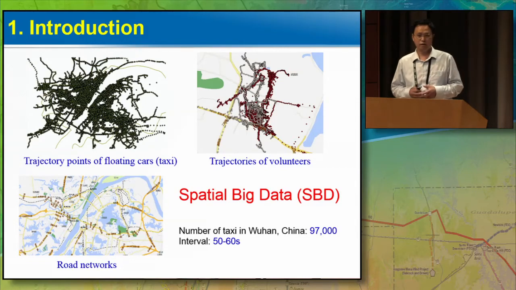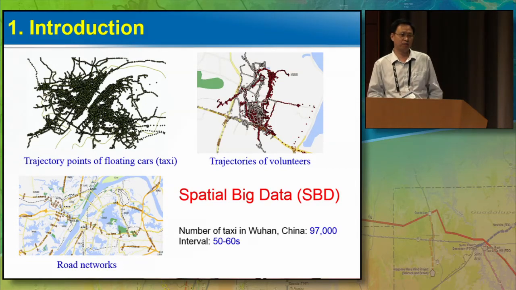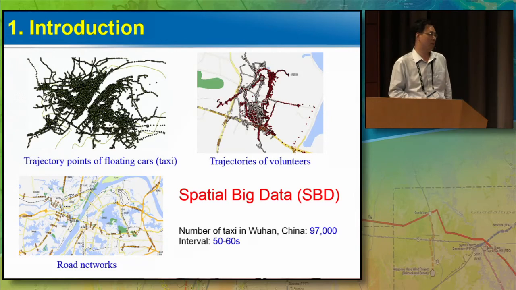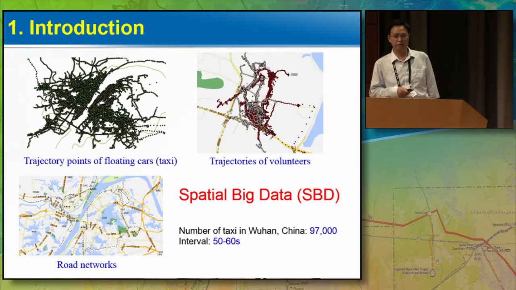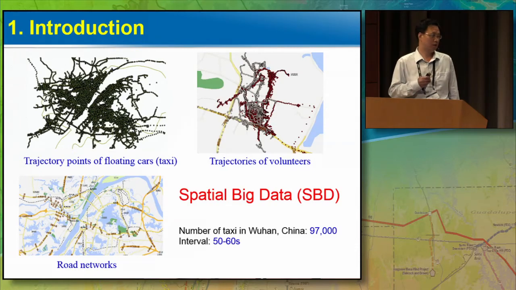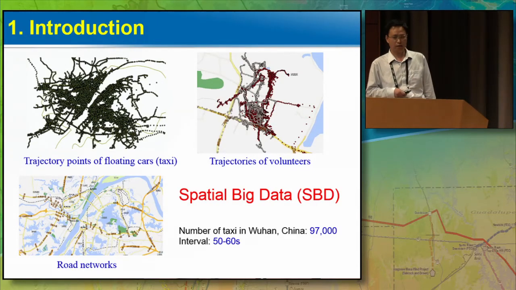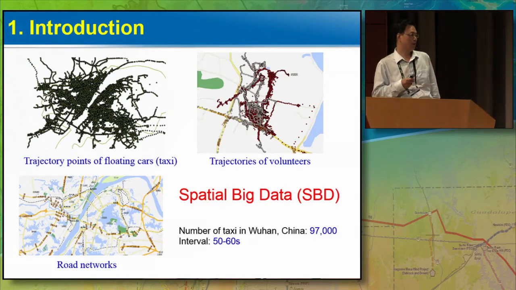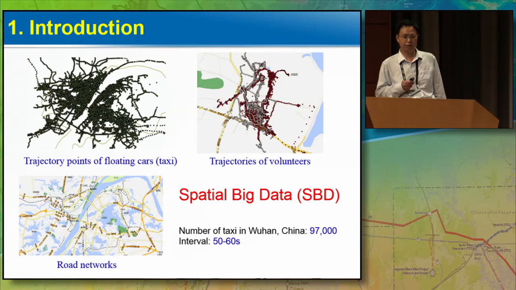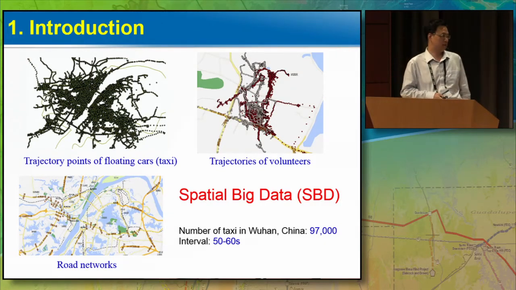There are many taxis in some big cities, especially in China. For example, in Wuhan city, there are 97,000 taxis. We have collected the GPS data of the taxis. We can collect a GPS point for every taxi every 50 to 60 seconds.